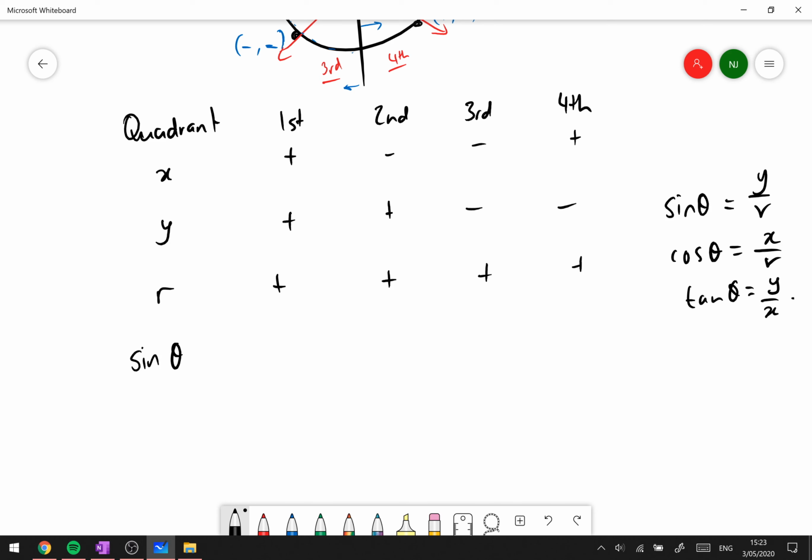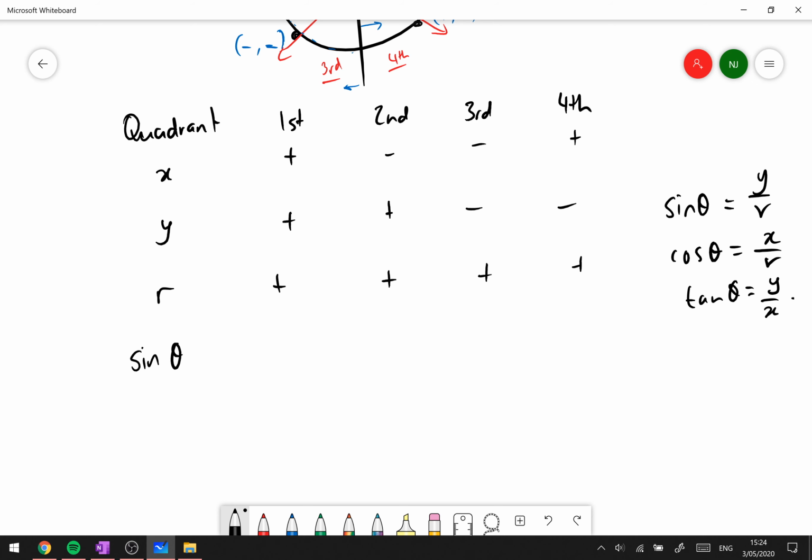Now, we don't know what the numbers are, but we can determine whether sine, cosine, or tan are negative or positive based on what quadrant they're sitting in, and whether the x, the y, or the r, or a combination of those, will make a positive or a negative value.